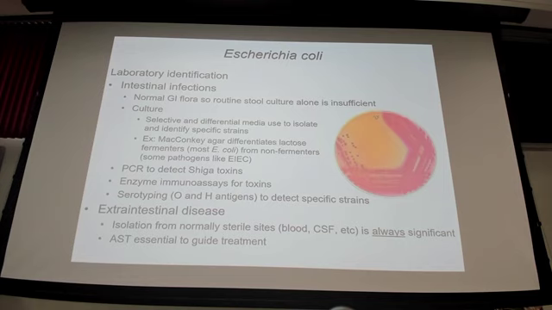ETEC, that's another one of the non-invasive ones. It stands for what? What does it mean? Toxigenic E. coli. So pretty good guess it's going to have some toxins. What are those 2 primary toxins we talked about that are associated with ETEC? Yeah, heat stable, and the heat labile one.